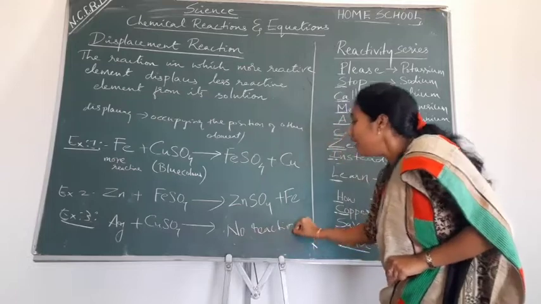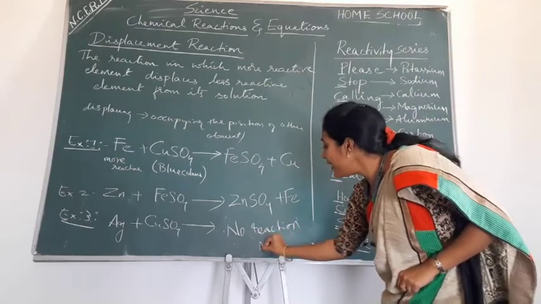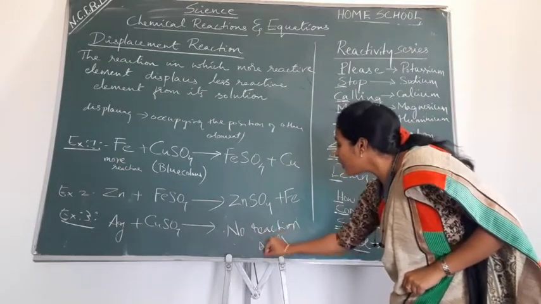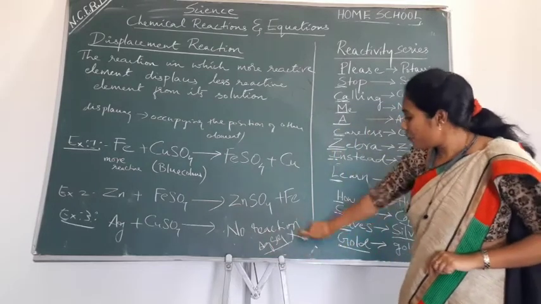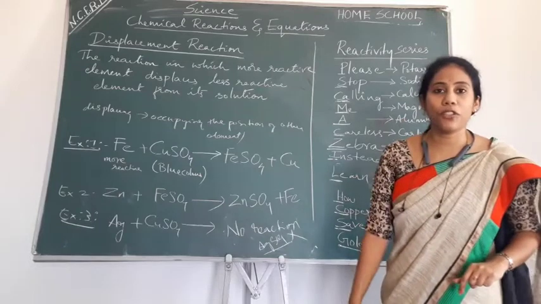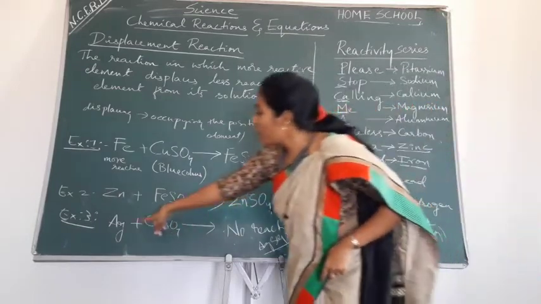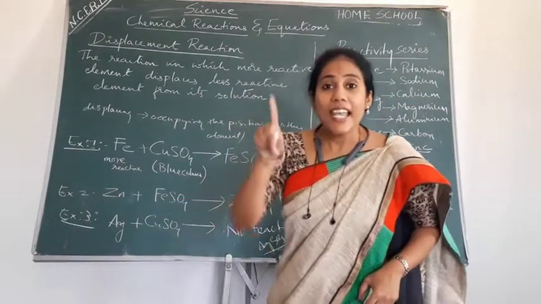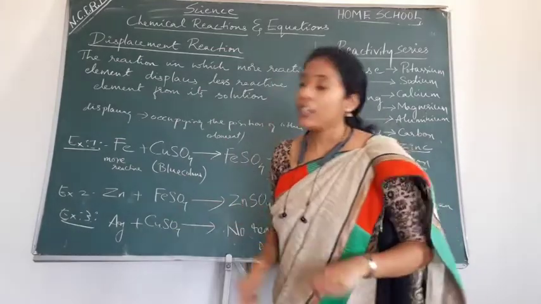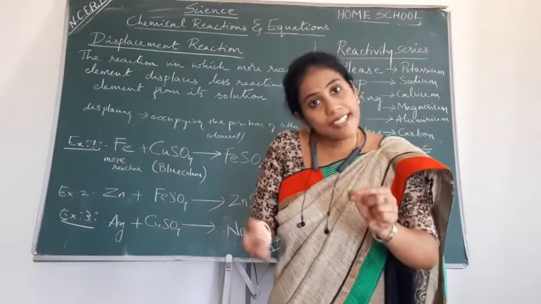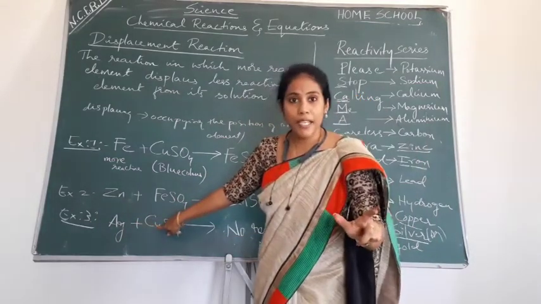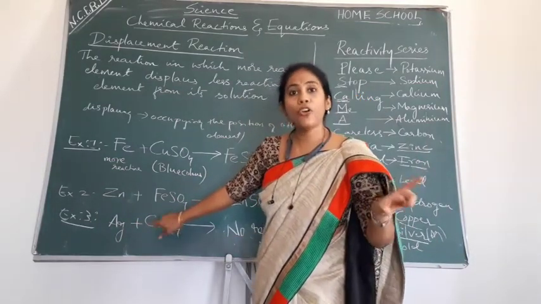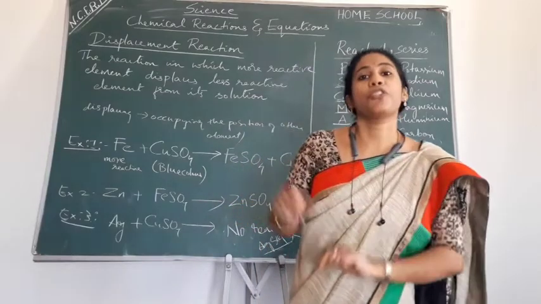You will never get Ag2SO4. What is the reason? Because Ag is less reactive than copper. Since it is less reactive, Ag cannot displace copper from its position.